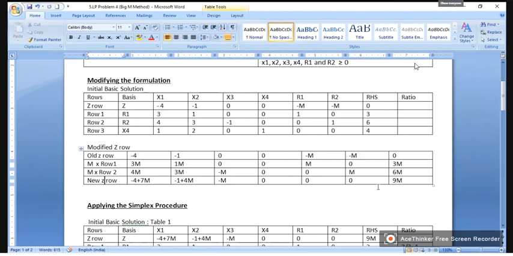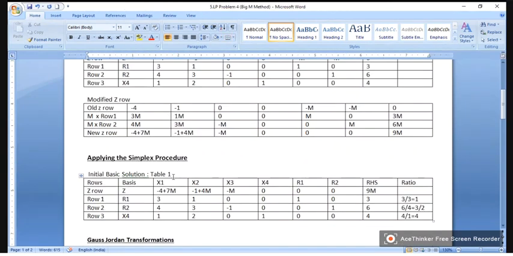Prepared table 1. Now onwards, you can apply the normal simplex procedure.